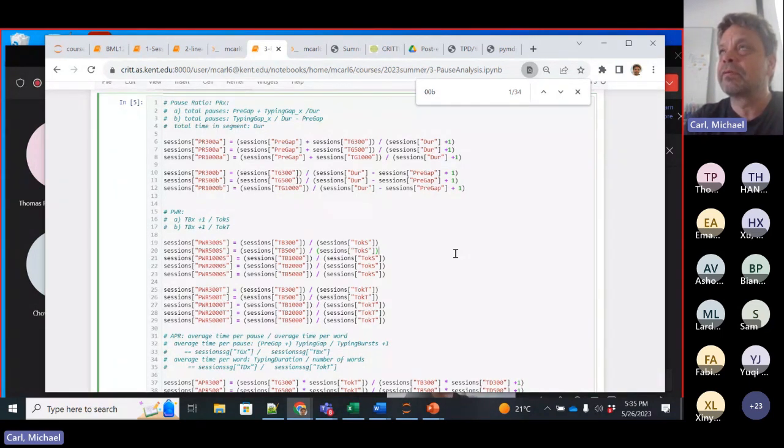There's an alternating between pausing and typing, so the number of pauses should be the same as the number of typing bursts. Or maybe we can add 1. There's a pause that precedes the first typing burst, and a pause that comes after the last typing burst. Then we would have to add 1, or we could just omit this pre-gap, so to say, and only consider there to be as many pauses as there are typing bursts.